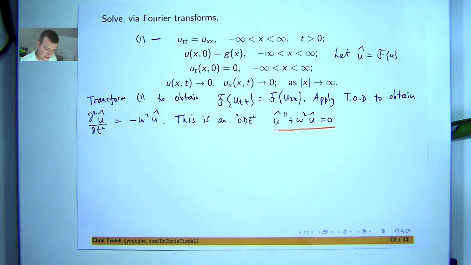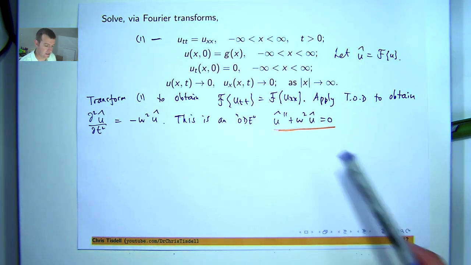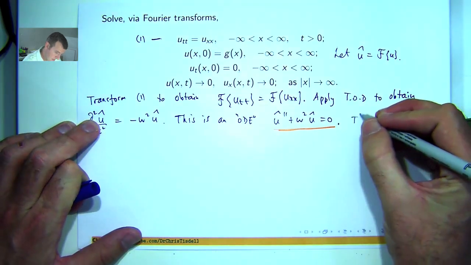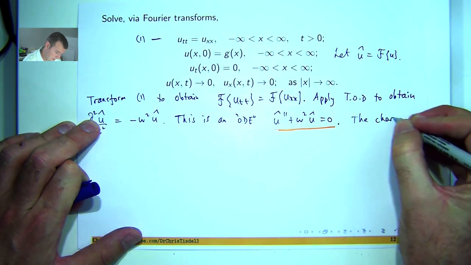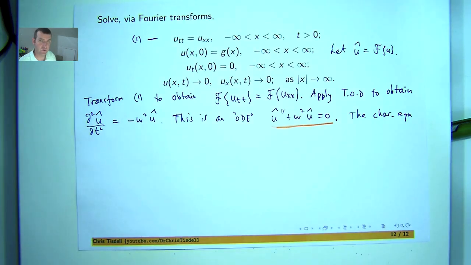So what kind of ODE is this? It's a second order linear homogeneous problem with essentially constant coefficients, because the derivatives are with respect to t, and the coefficient here is omega squared. So I can solve this by looking at a characteristic equation. Now you would see this in a second course in calculus or a first course in differential equations.